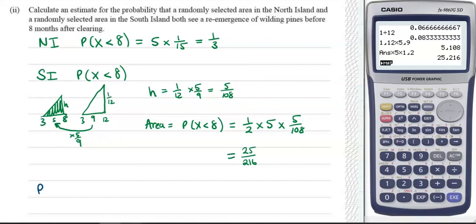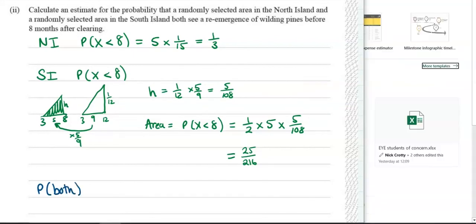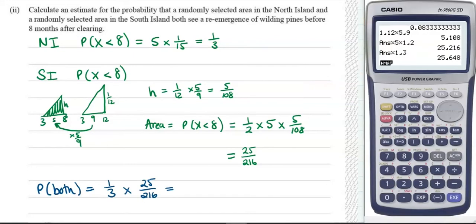So the probability of them both happening is going to be 1/3 times 25 over 216. So we're just doing the probability of the North Island times the probability of the South Island, and that comes to 25 over 648, which is not lovely numbers, so let's turn that into a decimal.